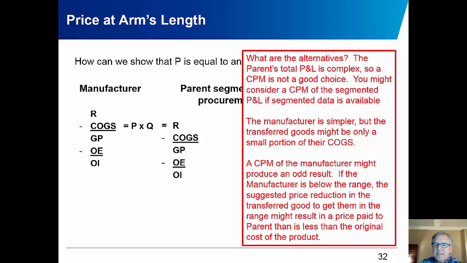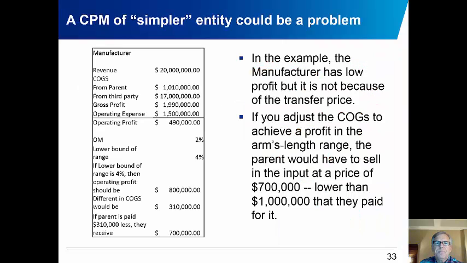I think it's going to be easiest to see this if we put some numbers up. So imagine now that we're looking at the P&L of the manufacturer, and up at the top the manufacturer has a revenue line of $20 million, and it has COGS that it needs to produce that $20 million. We've used the number, the $1,010,000 from the parent. That's the product that they bought from the third party and added $10,000 to.